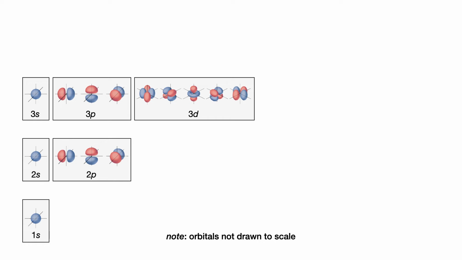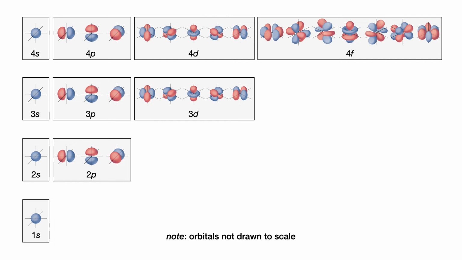And then going even further, in the 4th energy level, there's even more energy available, and there are 4 sublevels. There's a single s orbital. There are 3 orbitals in the p sublevel, 5 orbitals in the d sublevel, and 7 orbitals in the f sublevel.